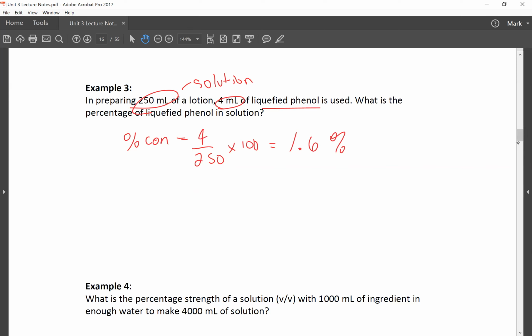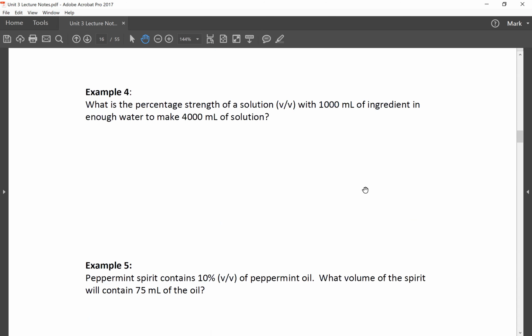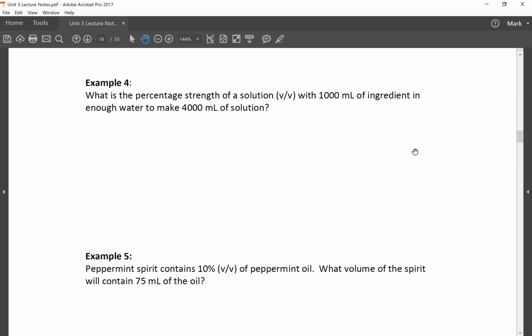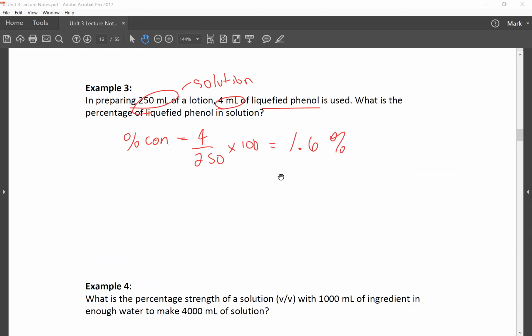If somebody said 246, that's how much solvent you're adding. Some people were writing 254. You didn't need to do that here because this is your total amount.